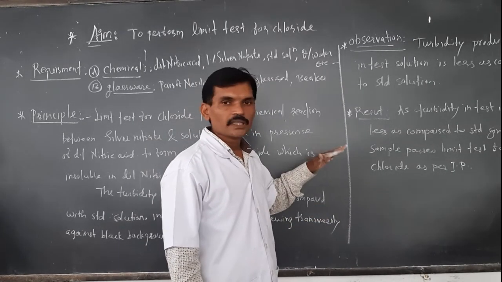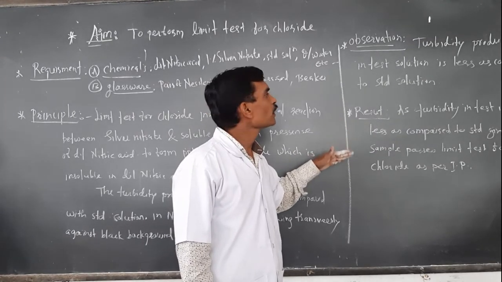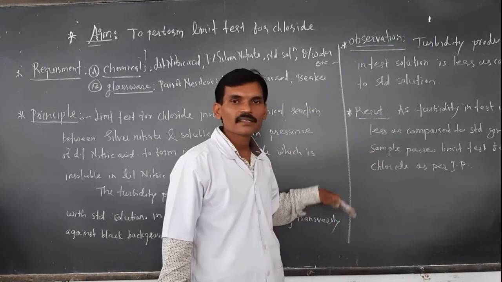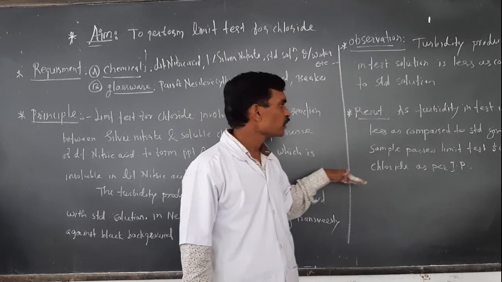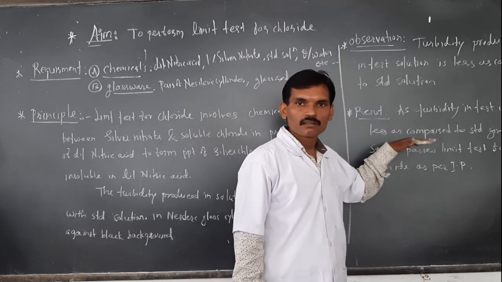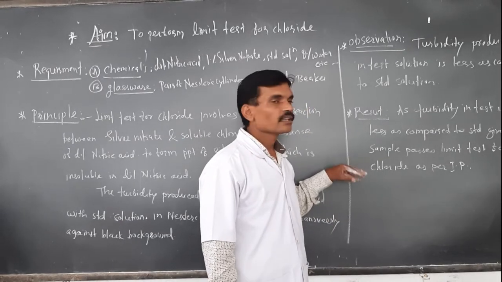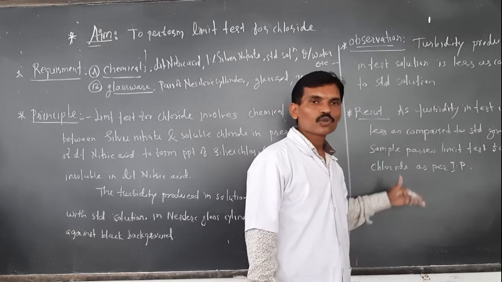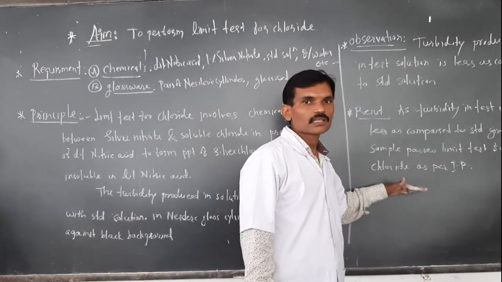We compared the opalescence produced in the test solution with the standard, and found that it is less as compared to the standard. That means the chloride impurity present in our sample is within the pharmacopoeia limit, so it passes the limit test for chloride as per IP. Thank you.